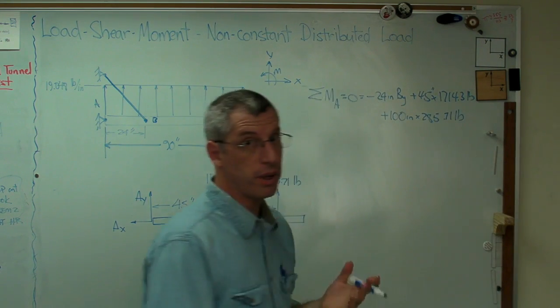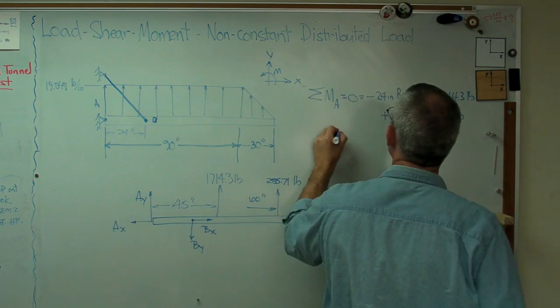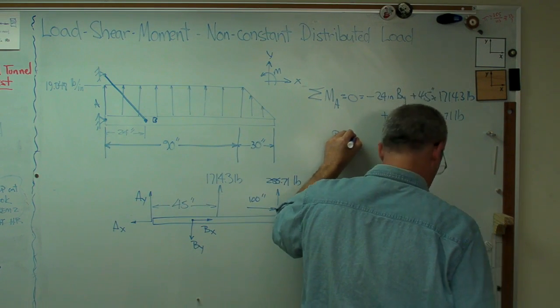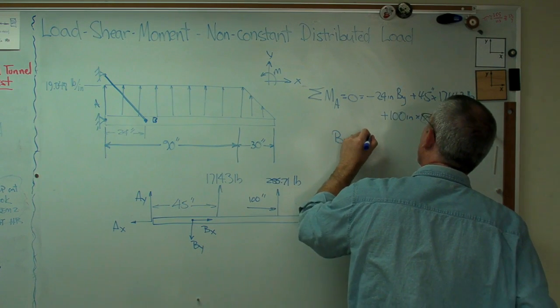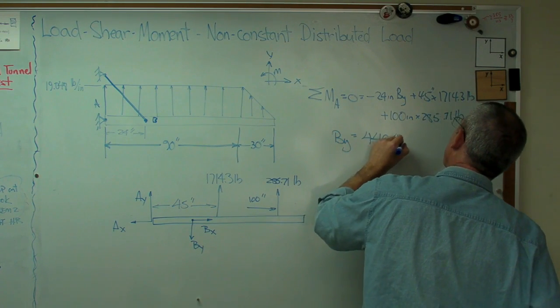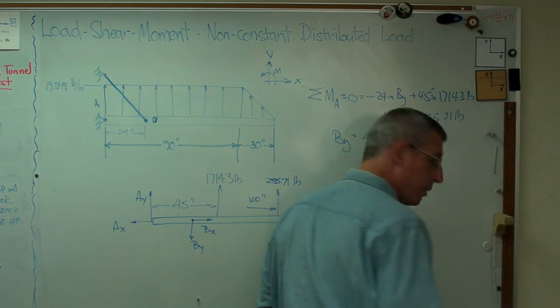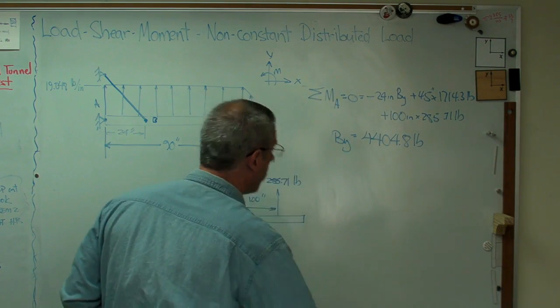If By is my only unknown, so when I work that out, I'm going to get By equals 4404.8 pounds.